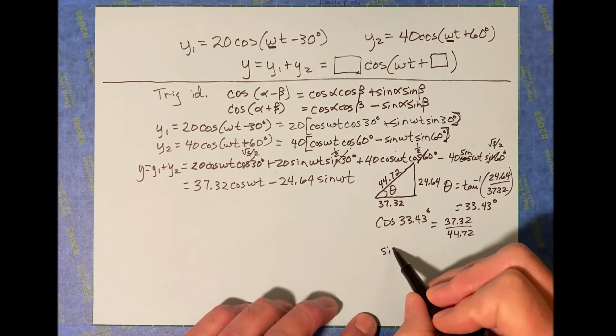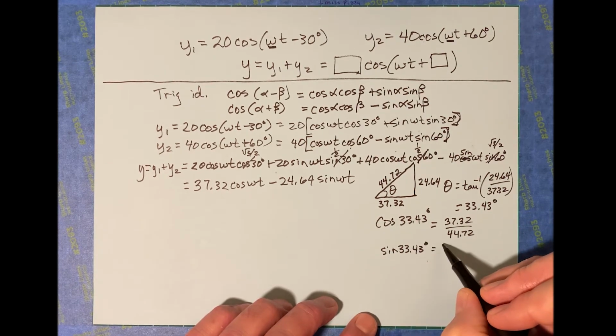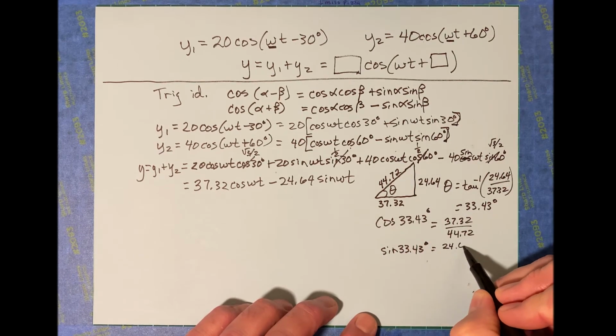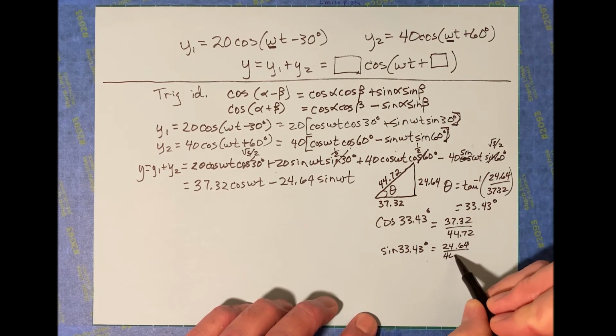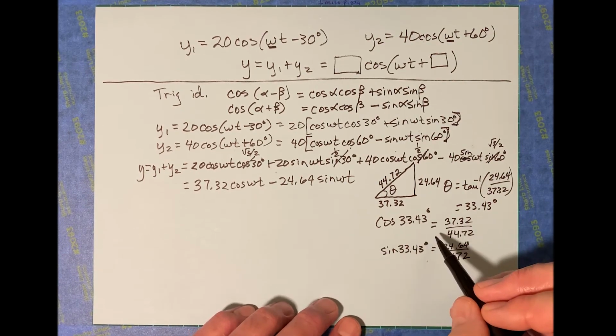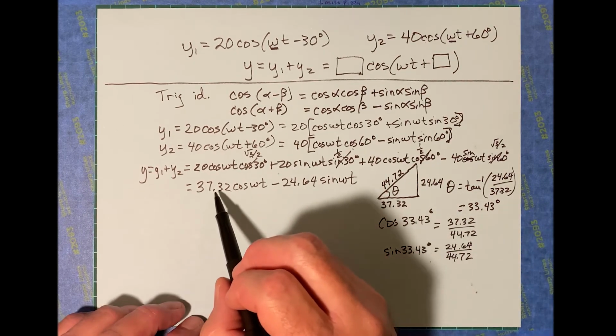And the sine of 33.43 degrees is opposite over hypotenuse, so 24.64 divided by 44.72. Keep these in mind, and now let's go back to our equation here.